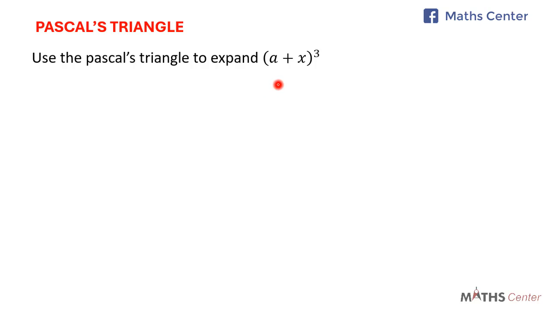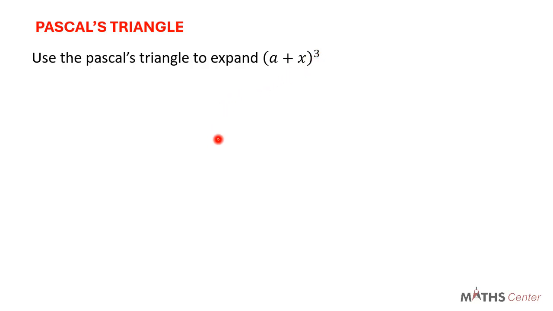Here we want to use Pascal's triangle to do the expansion. Now if you want to use Pascal's triangle to do the expansion, the first thing you have to do is to write down the coefficients for this particular exponent. Here the exponent is 3. So we have to write the coefficients for when the exponent is 3.